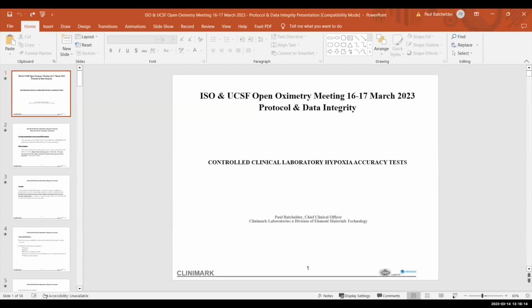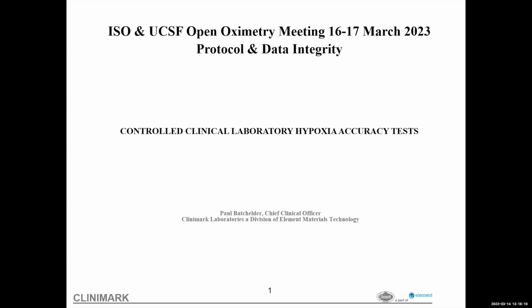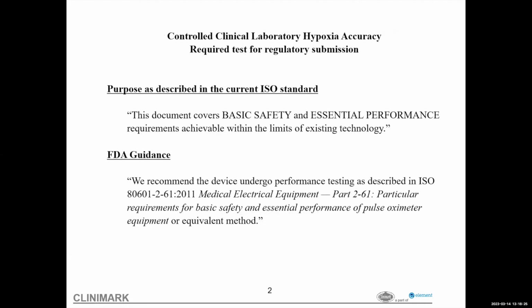All right, yeah, I'm Paul Batchelder, clinical officer of Clinimark, and my disclosure is that I am going to be retiring from Clinimark at the end of this month. So my main goal is to make sure we do the best thing. I don't have any other disclosures.